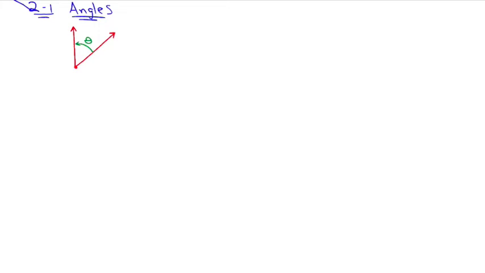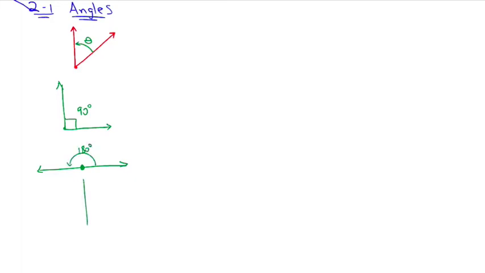Couple important angles. If you have this angle, that's a right angle, also known as 90 degrees. This angle, if I put my common point of my rays there, this is called a straight angle. How many degrees? 180.